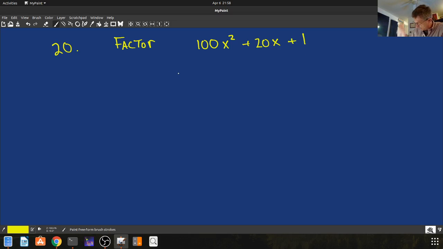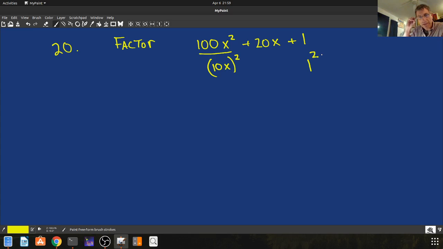So is this of the form? Notice that 100x squared is the same as 10x squared. And 1 is equal to 1 squared.